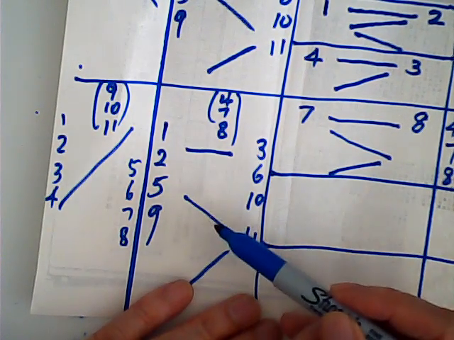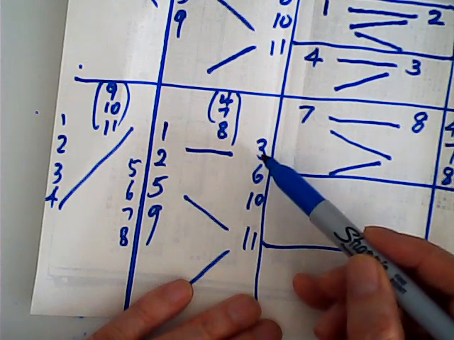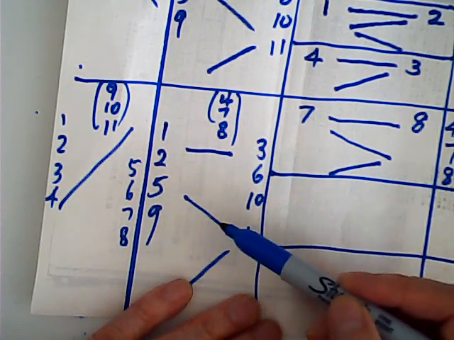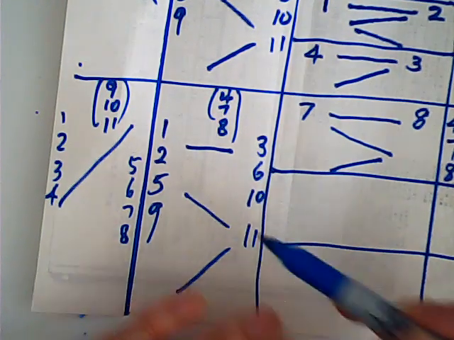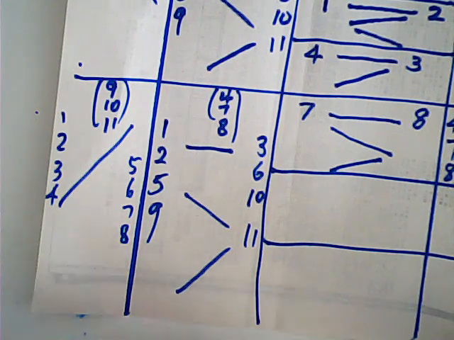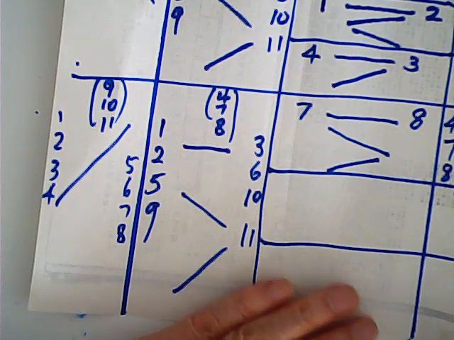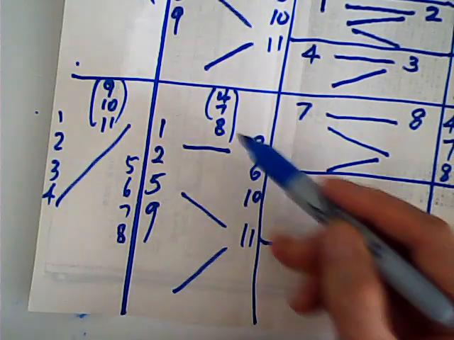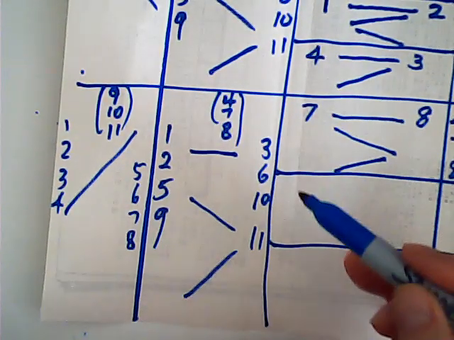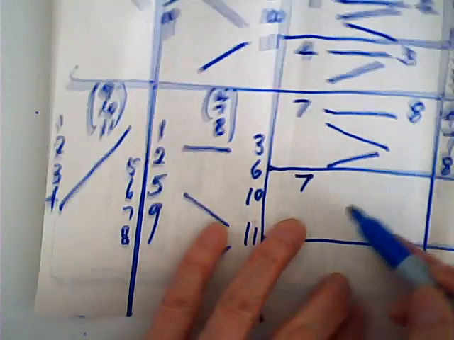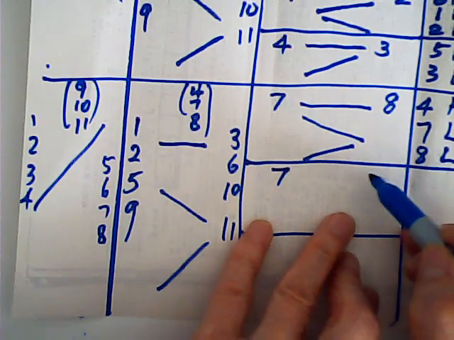If this shows that 3 is heavier or 5 is lighter, then I know that 7 is normal, right? So I compare 7 with 3.